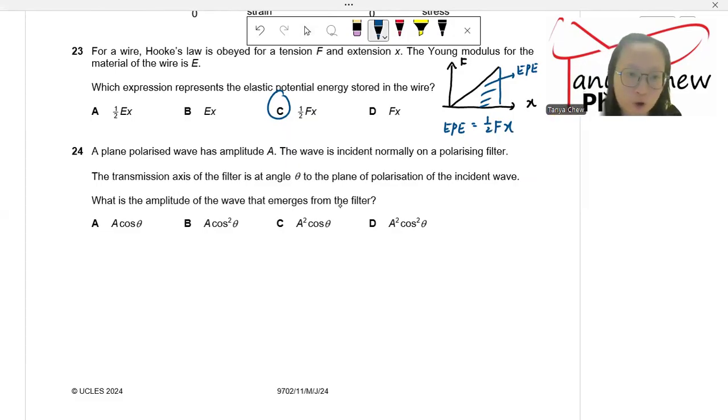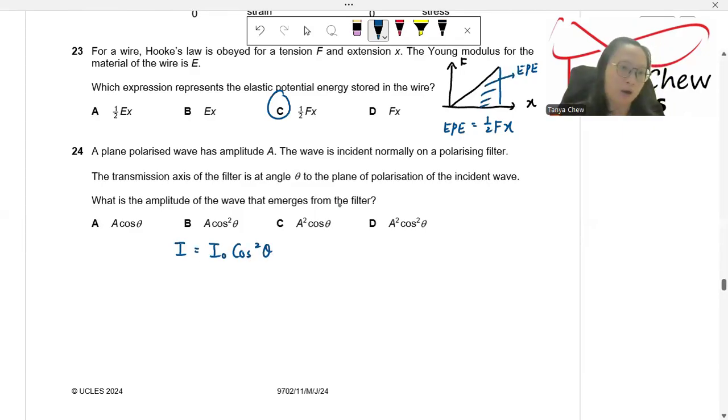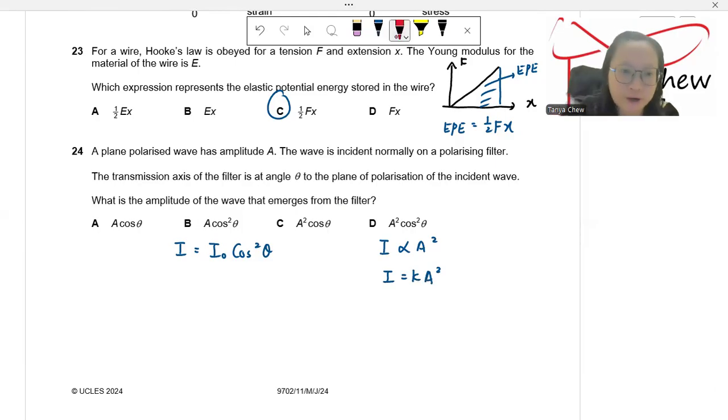Now, I want you to recall this equation, Malus's law: I is equal to I naught cos squared theta. Now, I is also directly proportional to amplitude squared. I can say that I is equal to a constant times amplitude squared. That is why I can replace I with amplitude squared, and I naught with the initial amplitude A squared.